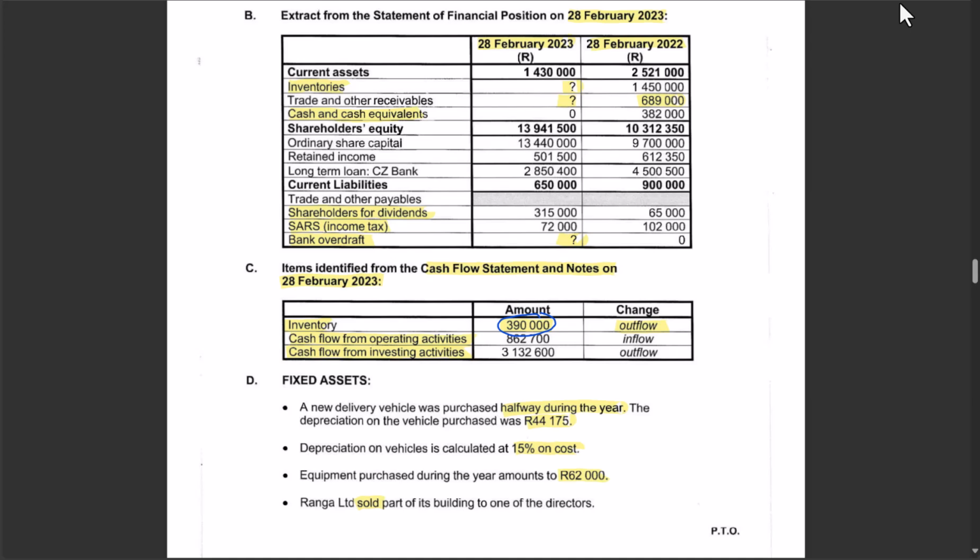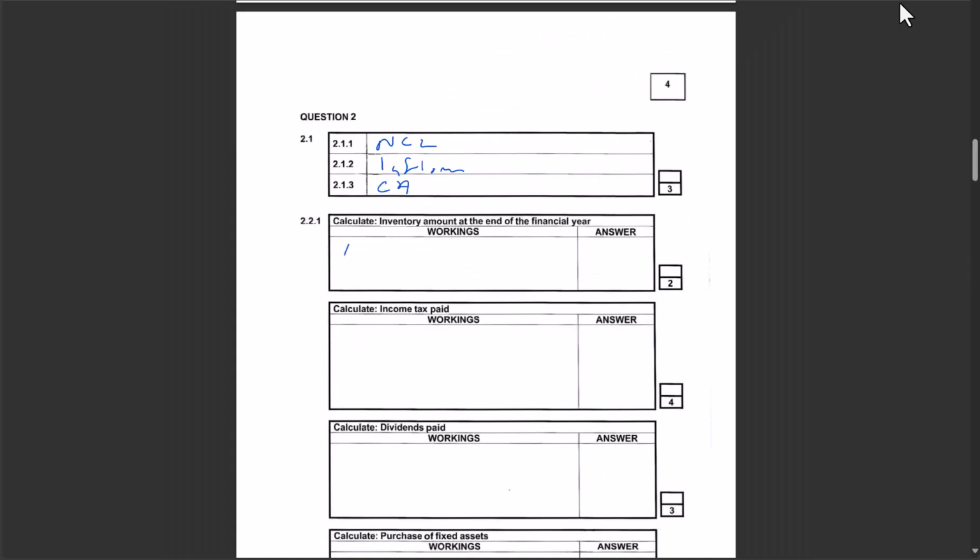That's 1,450,000 plus 390,000, which gives us 1,840,000. That is it. That's why it's 2 marks.